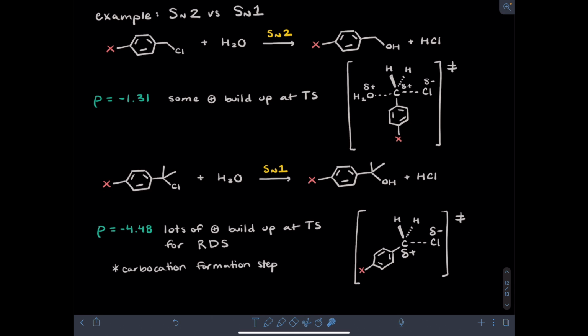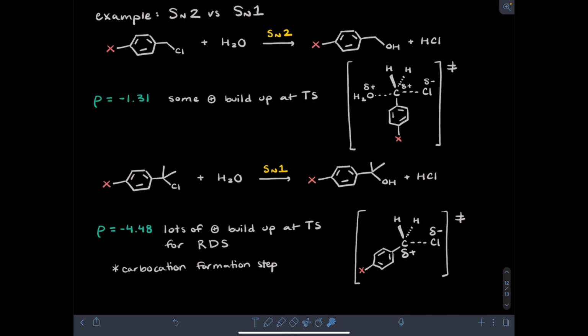We can see why this would be the case by evaluating the carbocation formation step, the rate-determining step of the SN1 mechanism. In the transition state, a loss of leaving group is occurring, the carbon-chlorine bond is breaking. Because this reaction step is endergonic, the transition state strongly resembles the carbocation intermediate.